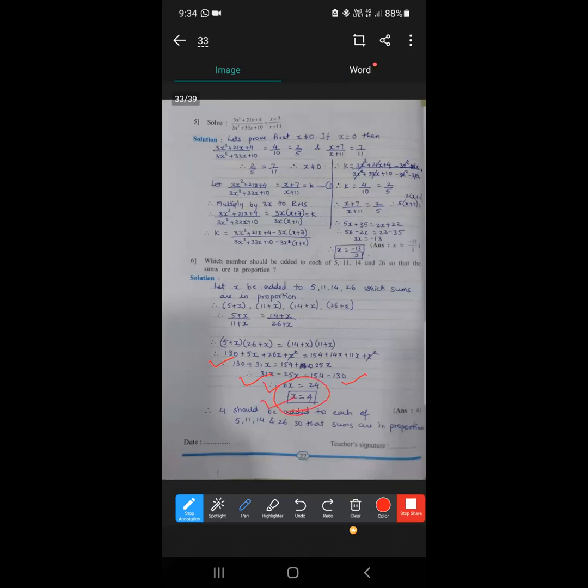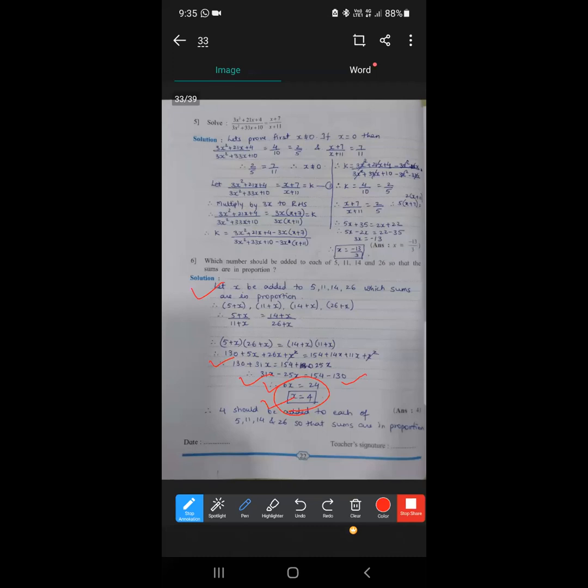And this x we have assumed is added to each and every term, that is 5, 11, 14 and 26. So at last, the final answer you write: therefore 4 should be added to each of 5, 11, 14 and 26 so that their sums are in proportion. Whenever you get such an equation, simply do the cross multiplication if they are in proportion.